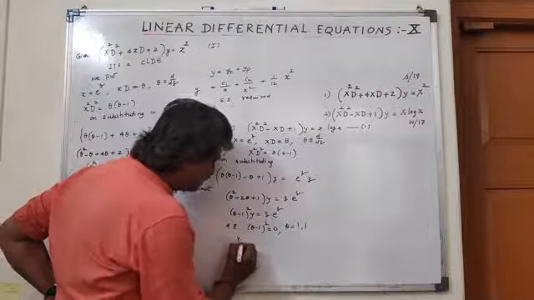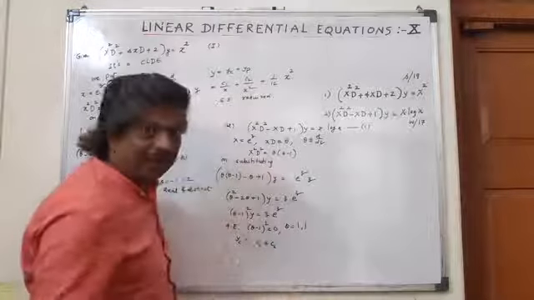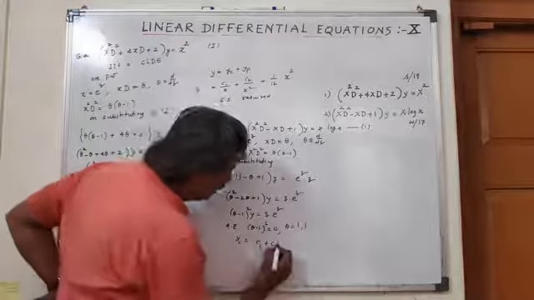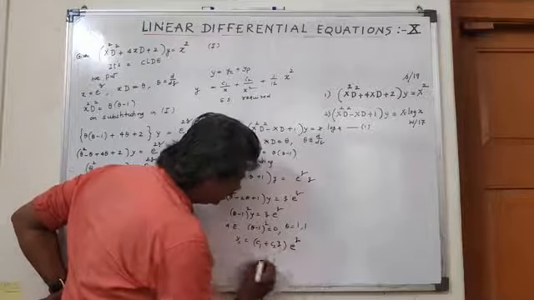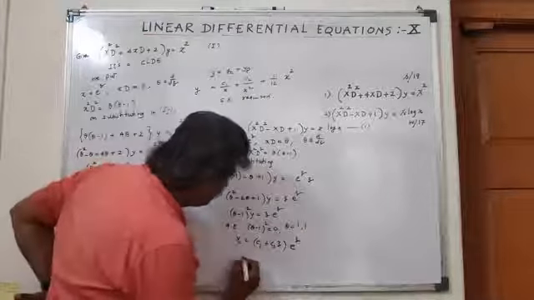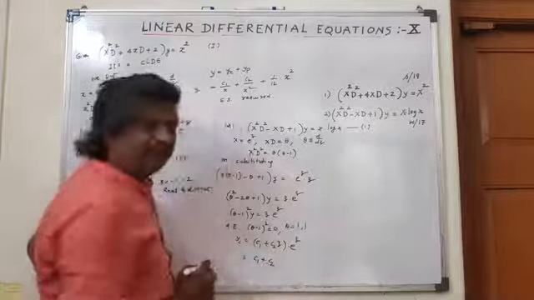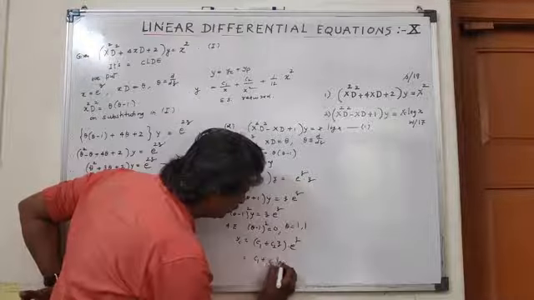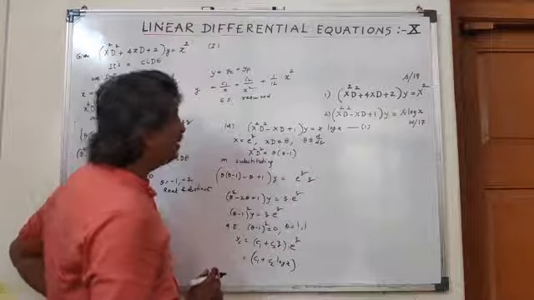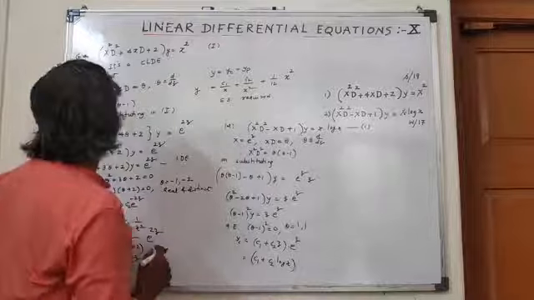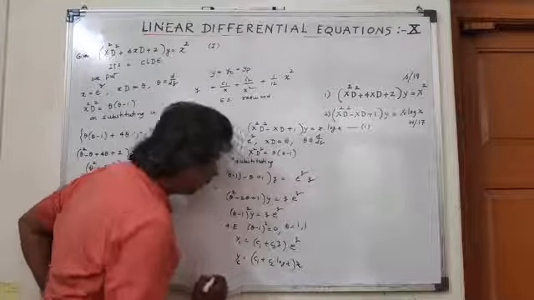Yc is c1 plus c2 z, I am introducing once again z instead of x, c1 plus c2z in bracket into e raised to power 1z, or in other words c1 plus c2z. What is z? Log of x. What is e raised to power z? E raised to power z is x. This is yc.